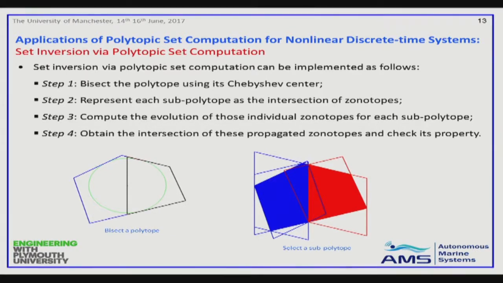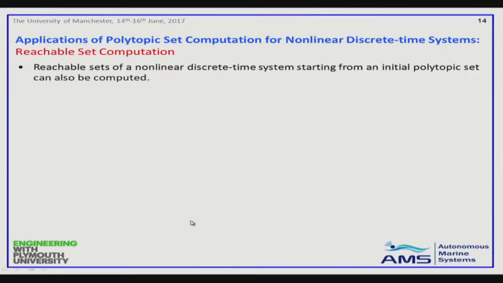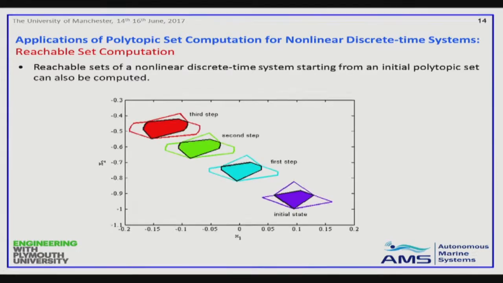The applications can be set inversion and polytopic set computation. And also we can compute the reachable set with the initial state being a polytope. If your initial state is a polytope, you can also compute the evolution of this reachable set, and it is always a polytope. This is reachable set computation.